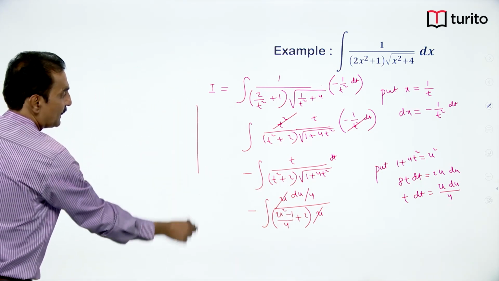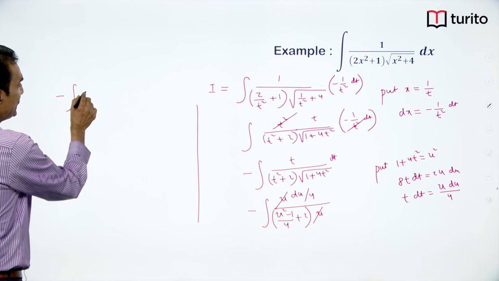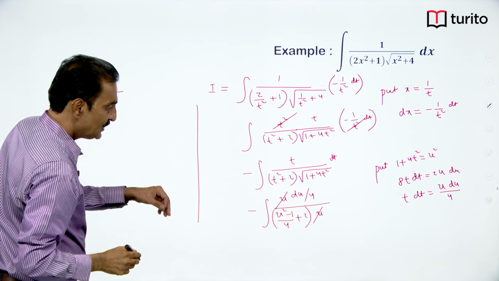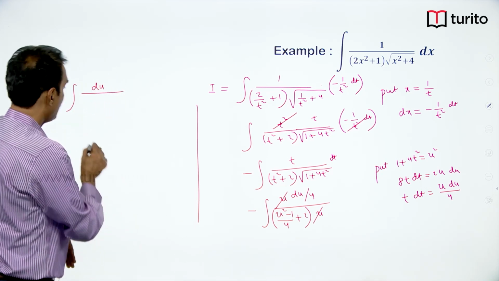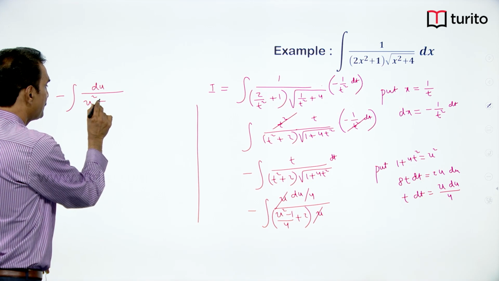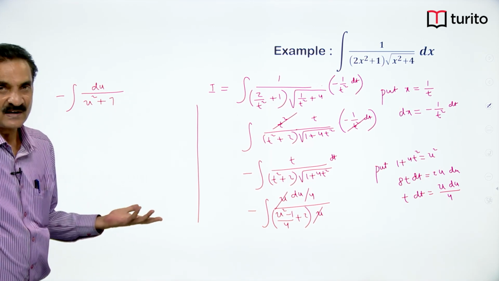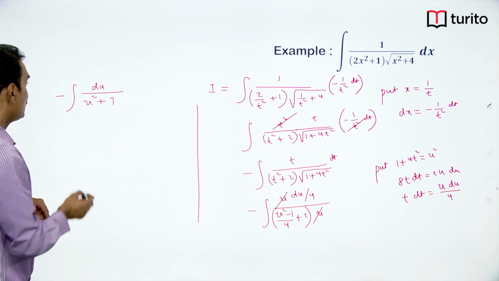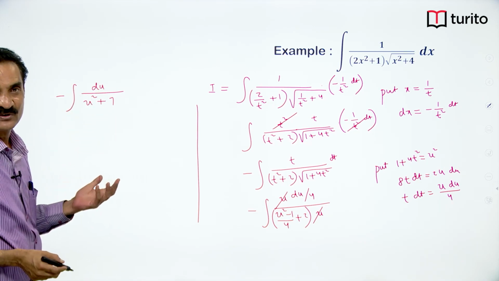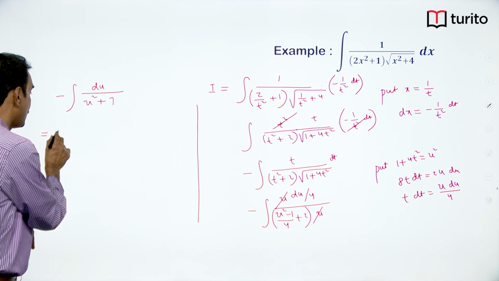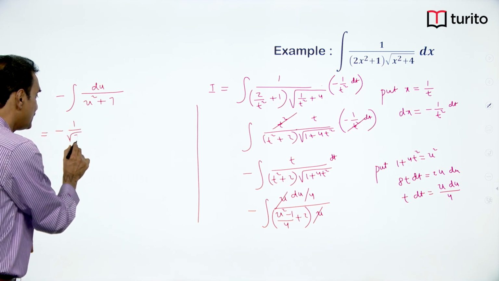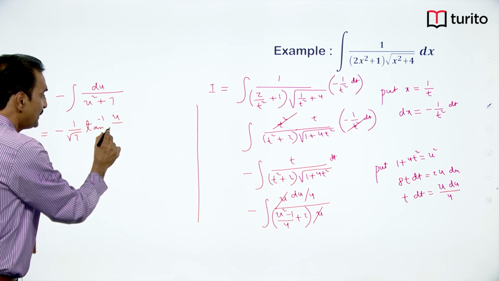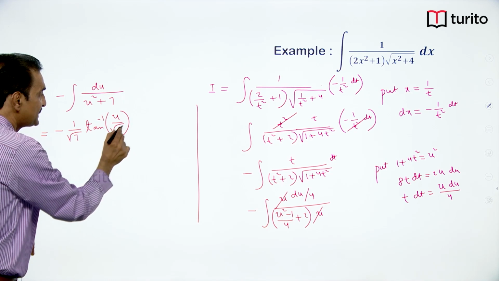It becomes minus integral du by u square plus 7, which is a standard integral. You can write 7 as root 7 whole square, then integral 1 by u square plus root 7 whole square is 1 by root 7 tan inverse u by root 7 plus c.